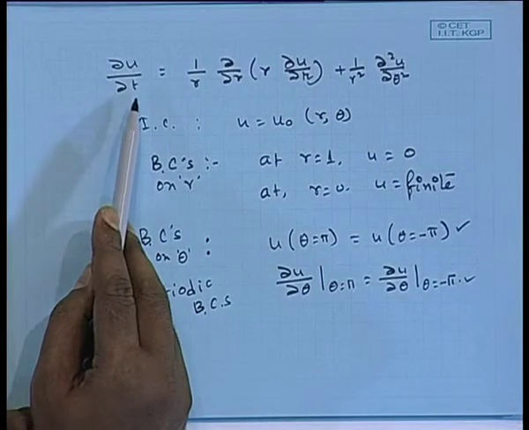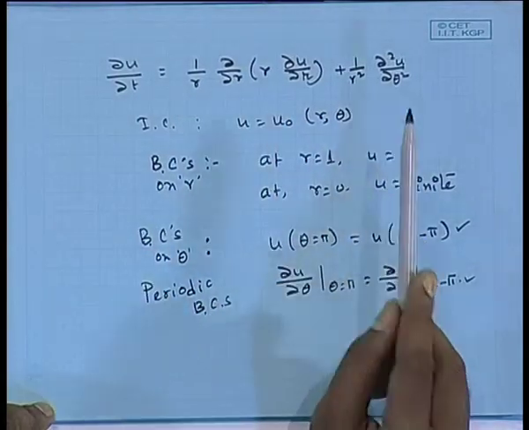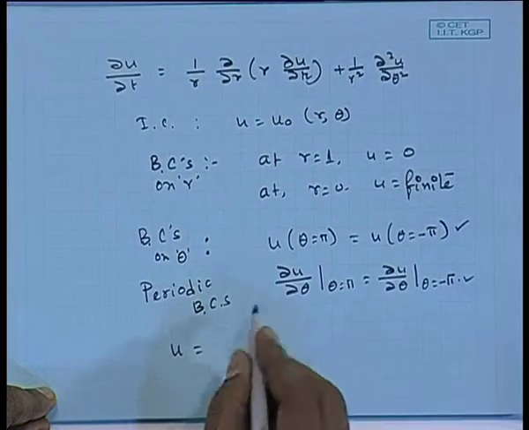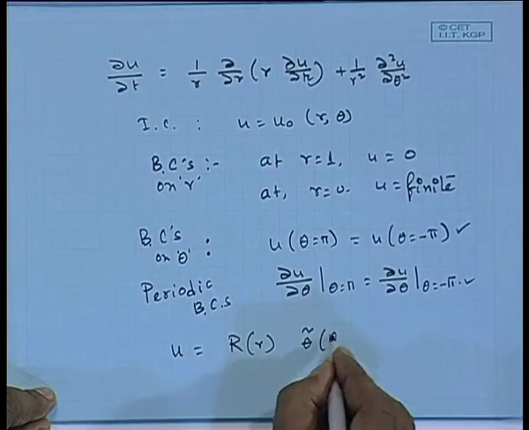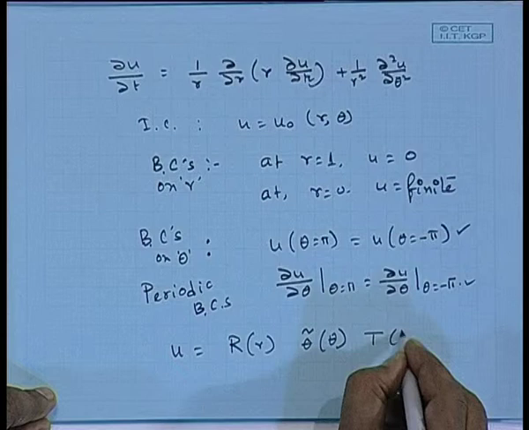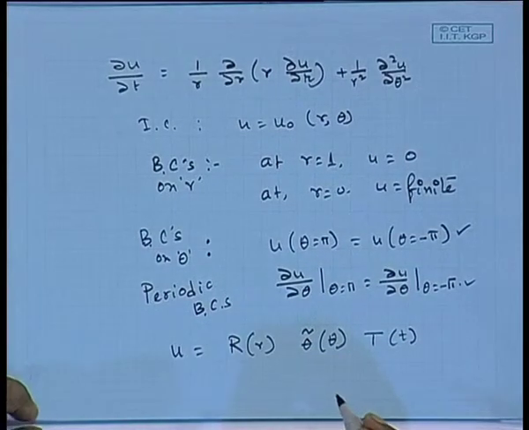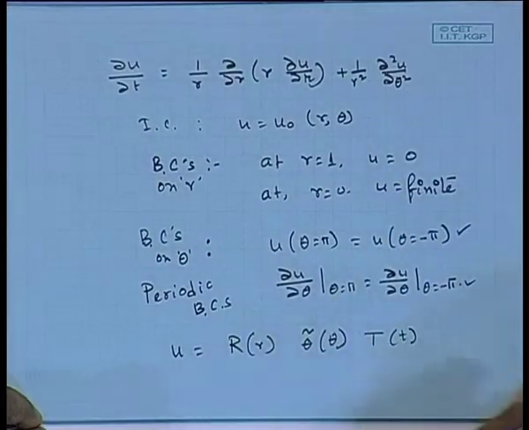One will be a function of time alone, another a function of r alone, another a function of theta. So, my u will be basically R(r) Θ(θ) T(t). Now, you substitute this product in your governing equation and separate the variables.